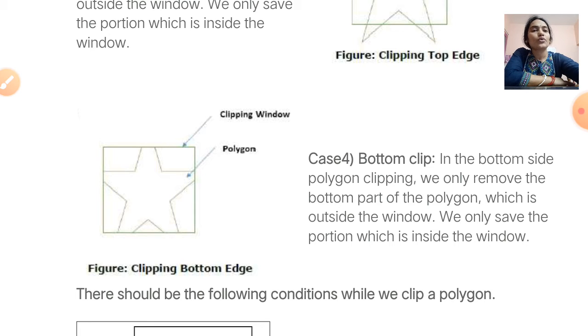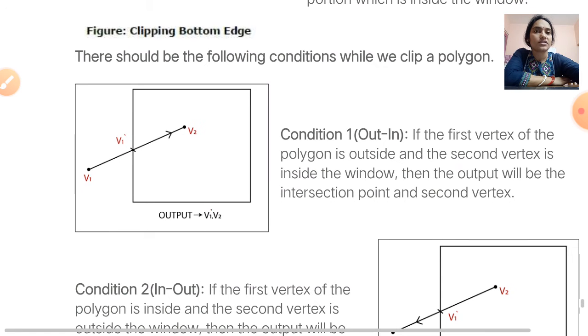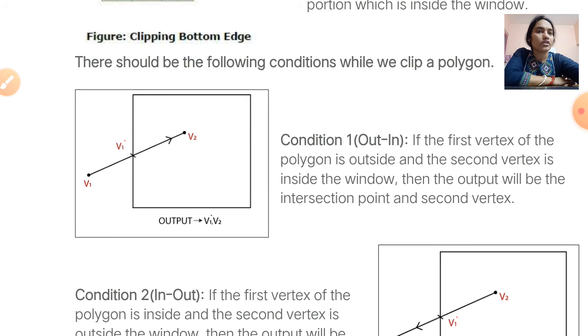So the clipping was done in this way, but there are four conditions while clipping the polygon. Let us discuss them. First condition is out-in.